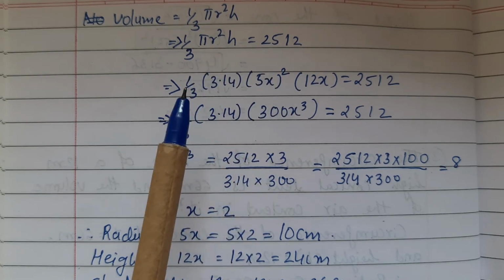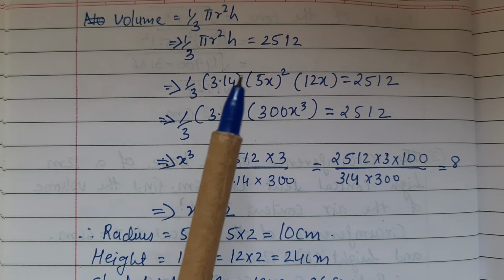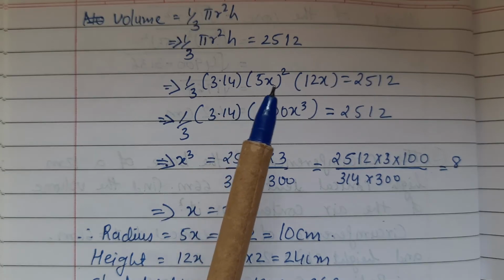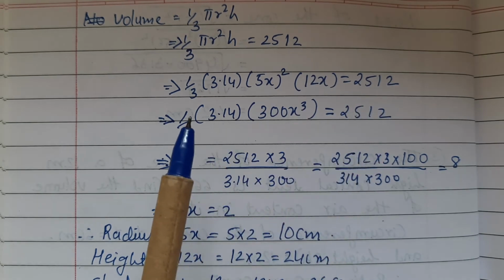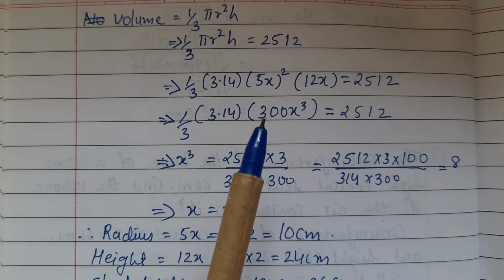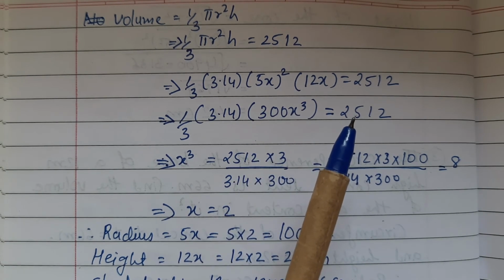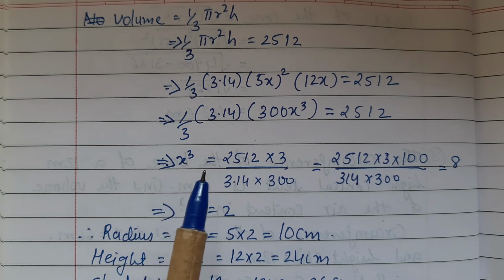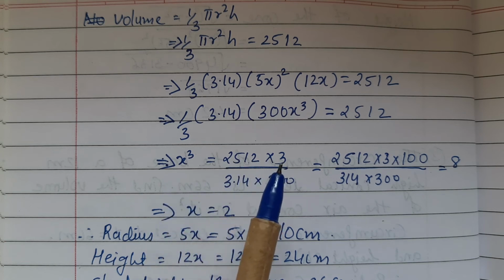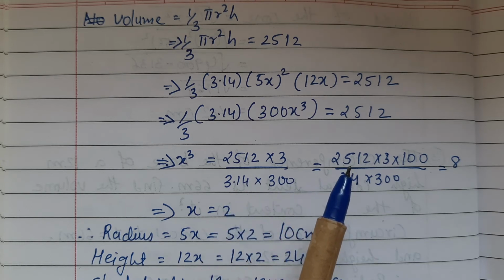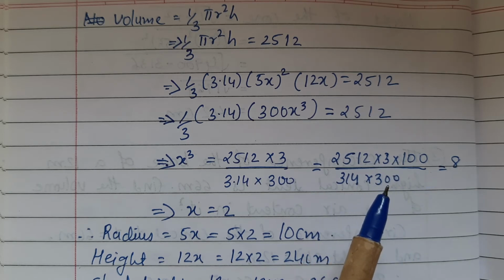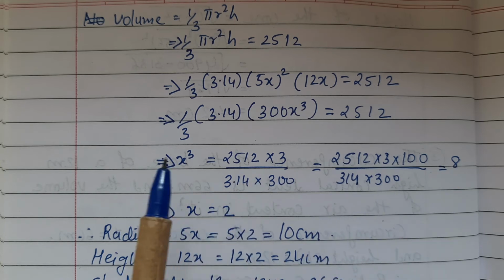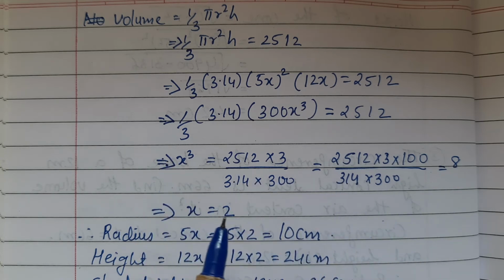Substitute the value: 1 upon 3 into 3.14 into 5x the whole square into 12x equal to 2512. 1 upon 3 into 3.14 into 300x cube is equal to 2512, which implies x cube equal to 2512 into 3 upon 3.14 into 300, which is equal to 2512 into 3 into 100 upon 314 into 300, equal to 8. X cube equal to 8 implies x equal to 2.